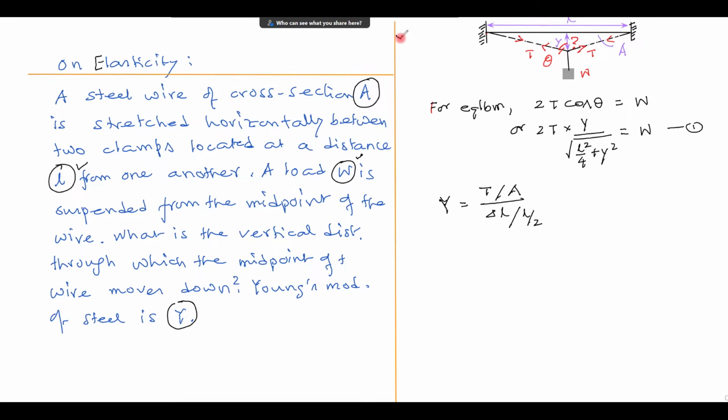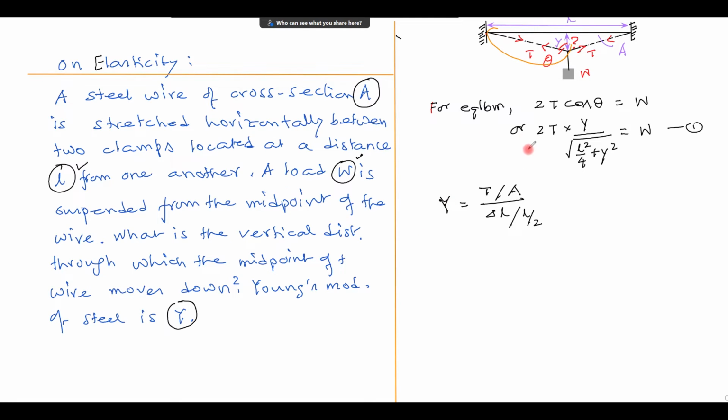I am considering only one part, only this part. For this, Y equal to, what is the force along the wire? T, by its area of cross section, A, divided by its increase in length, del L, by its initial length, L by 2.